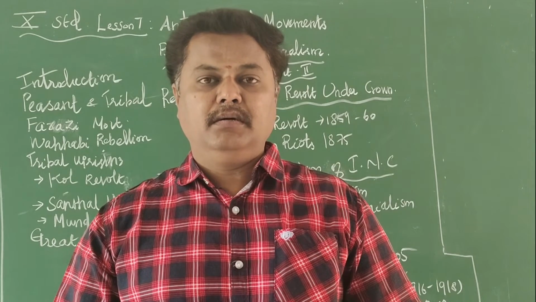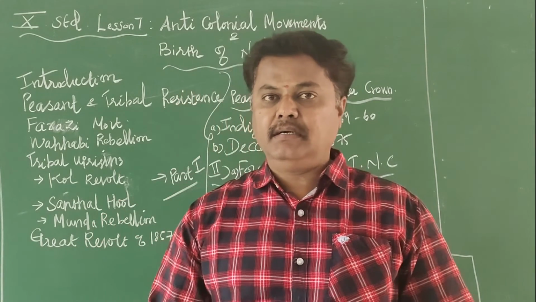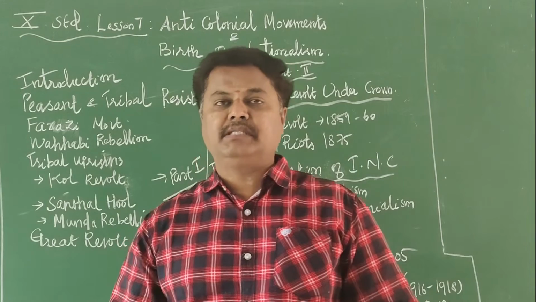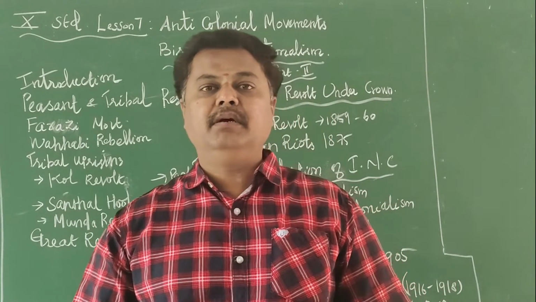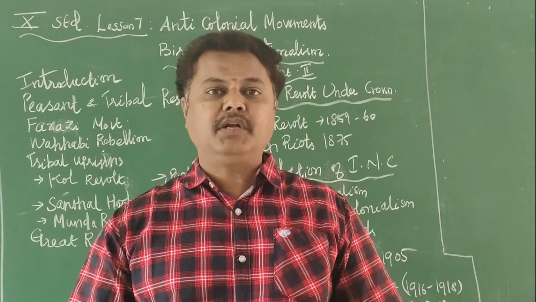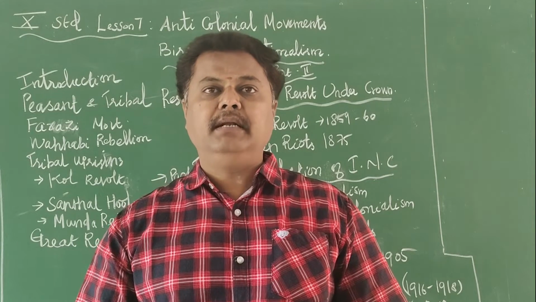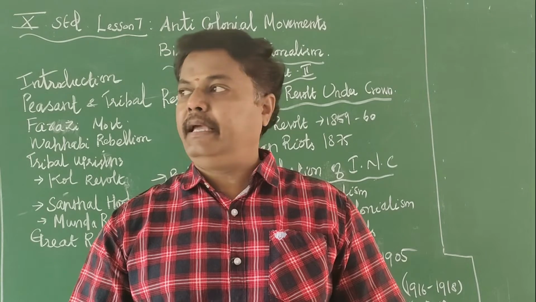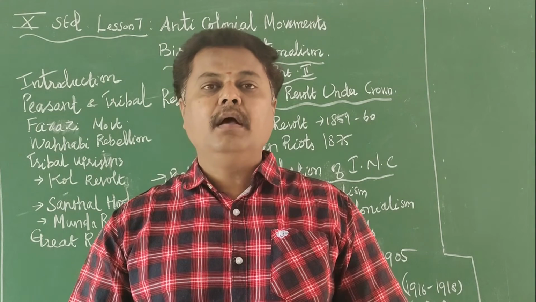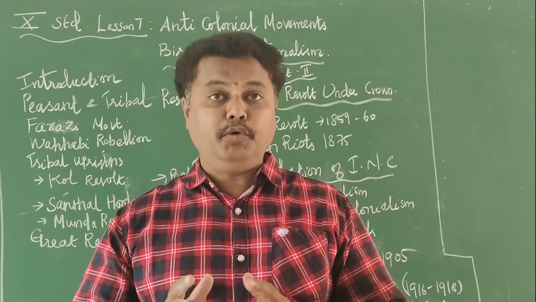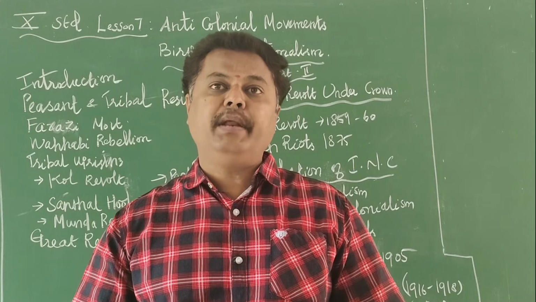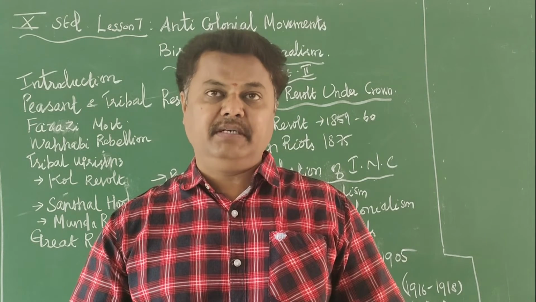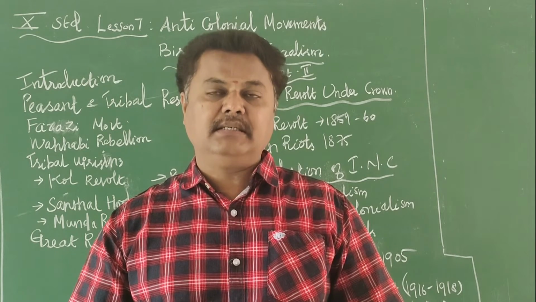We have already seen the introduction of this lesson. We learned about the nature of the tribal and peasant revolts, the farmers' revolt against the British. Then the contributory factors for the outbreak of the Great Rebellion of 1857: factors, causes, results.